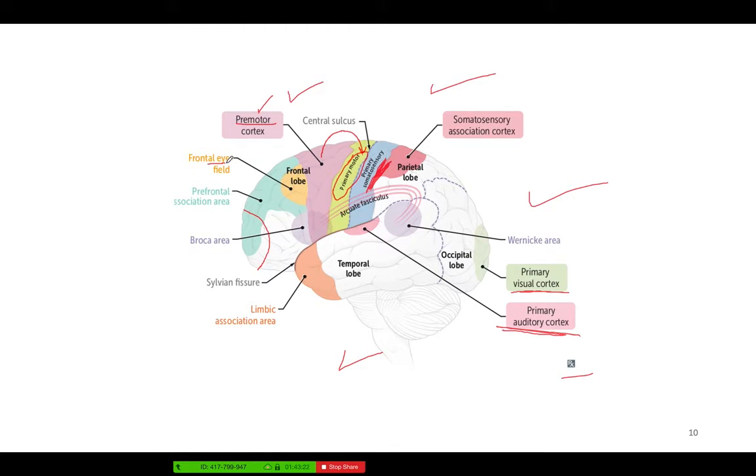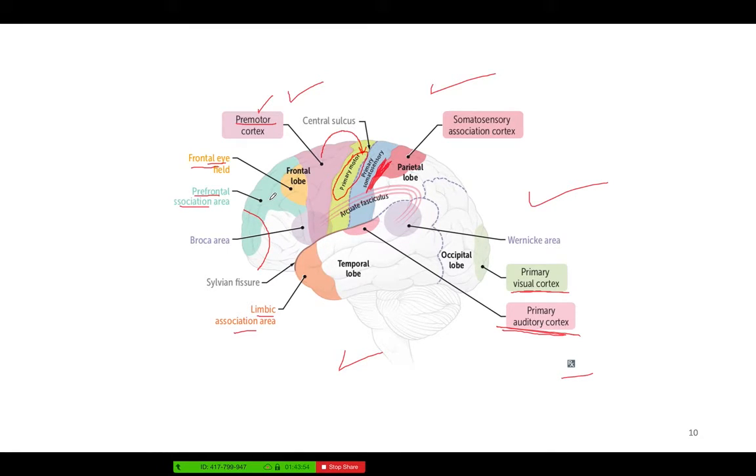We have our frontal eye field, our prefrontal association area, our limbic association area, and so these, to be honest with you, you may get a question on your Step 1 exam that just gives you a picture of a brain and asks you for the frontal eye field, for example, and has a bunch of labels A, B, C, D, E. And so I would take the time to sort of get a general idea of where these things are located.